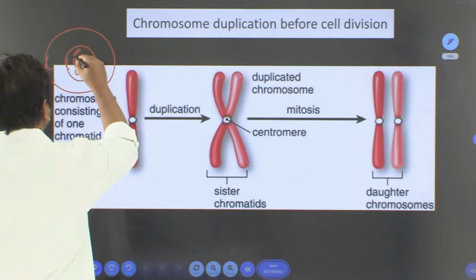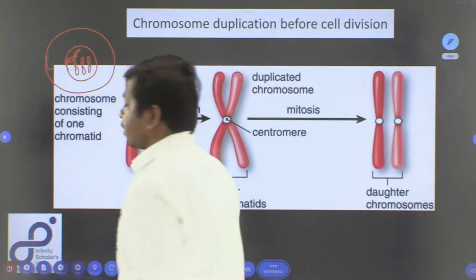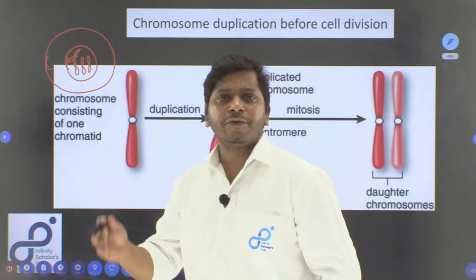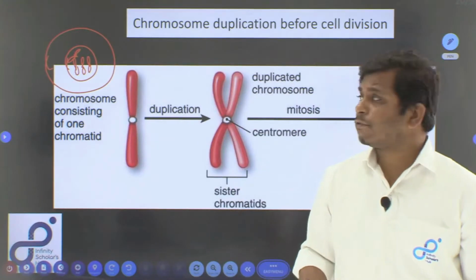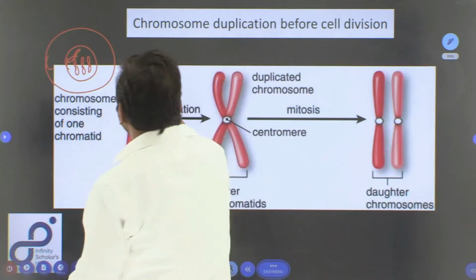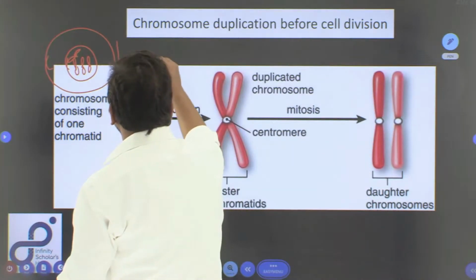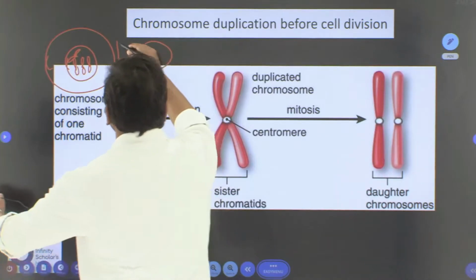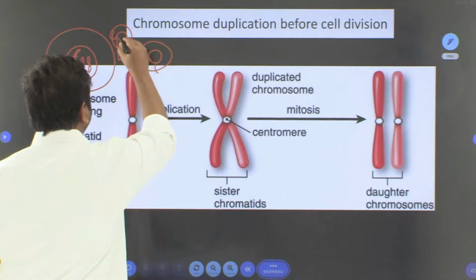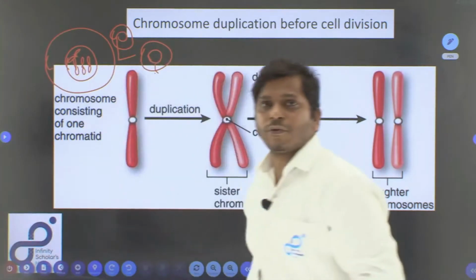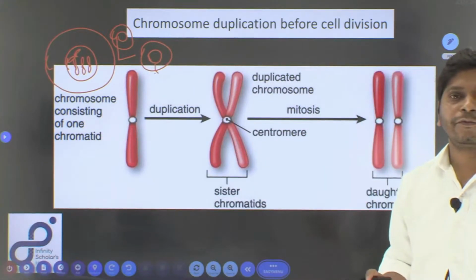Suppose this cell has 4 chromosomes, and when the cell divides by the process of mitosis, one kind of cell division, 2 cells are produced, and each cell also has 4 chromosomes.